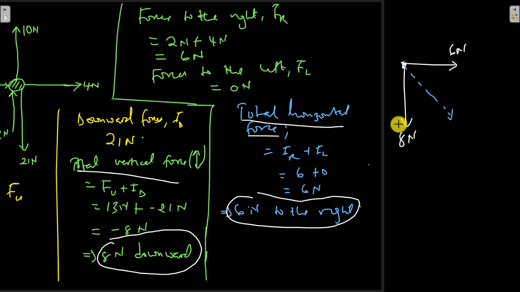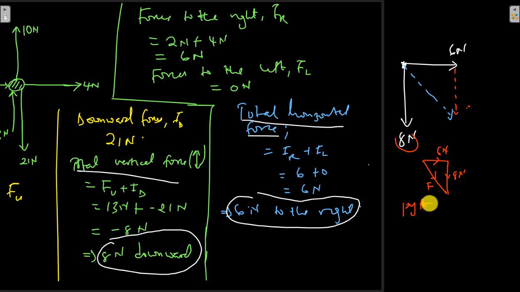So I can translate any force. Let's translate the 8 newton force. Let's bring it here. So our force diagram looks like this. We have 8 newtons here, then our resultant force, let's call that F, then we have 6 newtons here.